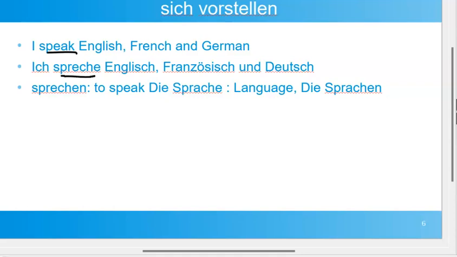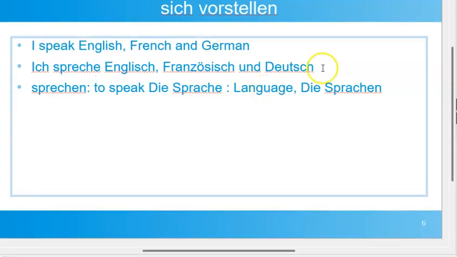And here we have the verb sprechen. Sprechen means to speak. And the noun equivalent of sprechen is die Sprache. Sprache means language. So eine Sprache, viele Sprachen. Die Sprache, die Sprachen. Ich spreche Englisch, Französisch und Deutsch. If you are a learner of the German language, you can also say Ich spreche ein bisschen Deutsch.